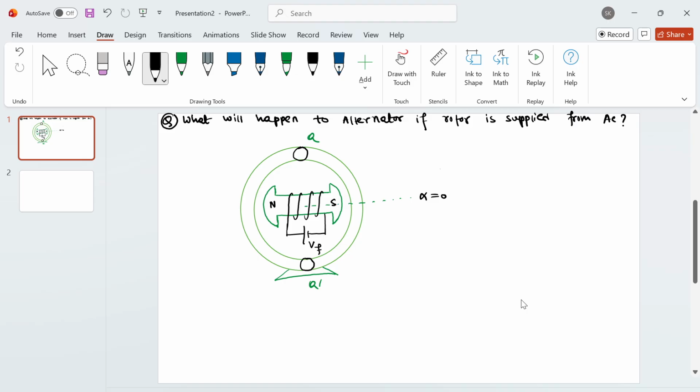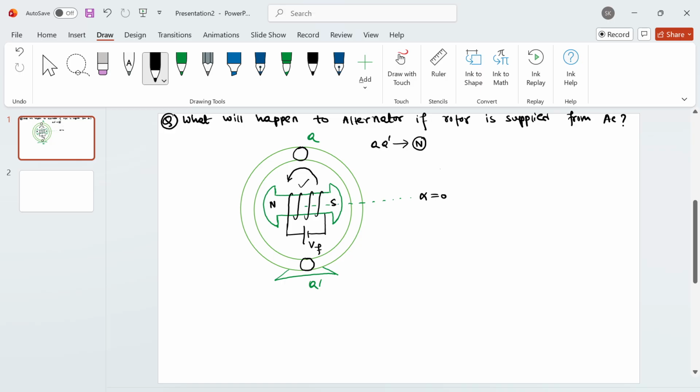If we understand this better, then you will get much more clarity on the rotor supply from an AC source. Now I have given a rotor supply from DC, and it has a fixed north and south pole. Now you have to rotate this rotor with some speed omega, and then there will be voltage induction. To calculate the induced voltage in the AA dash coil, let's say this AA dash coil has N number of turns.